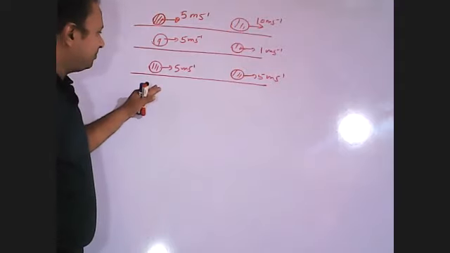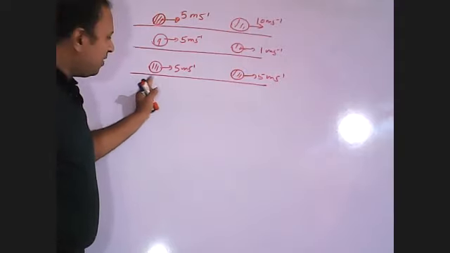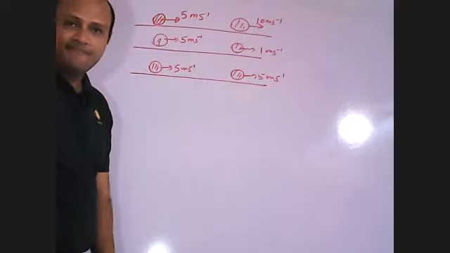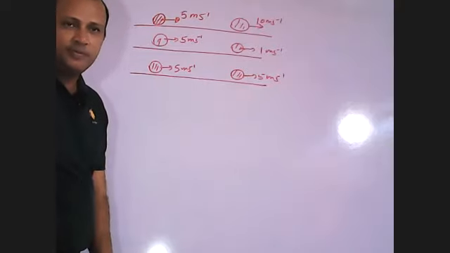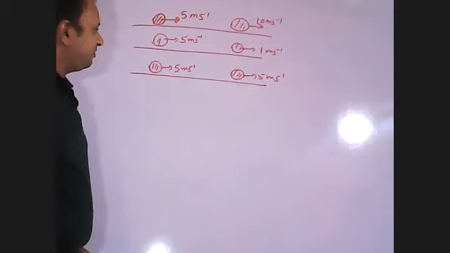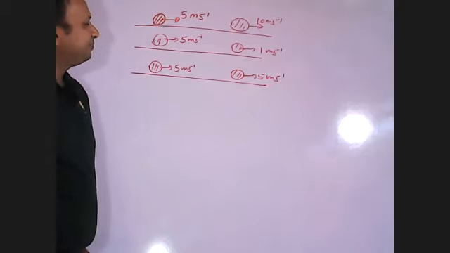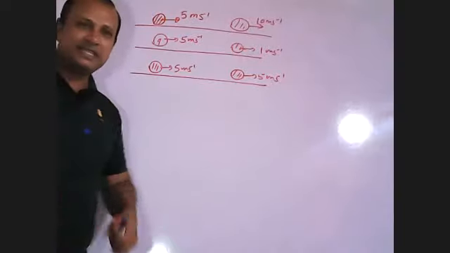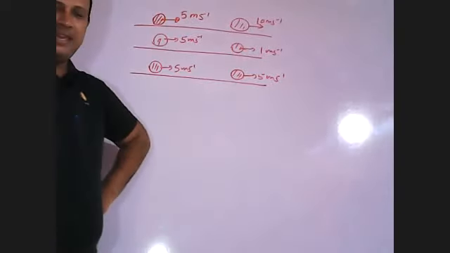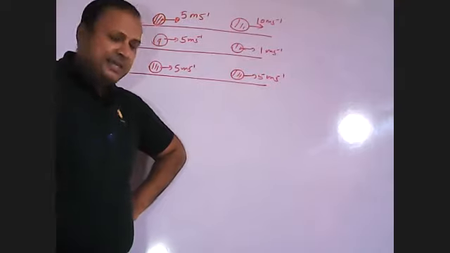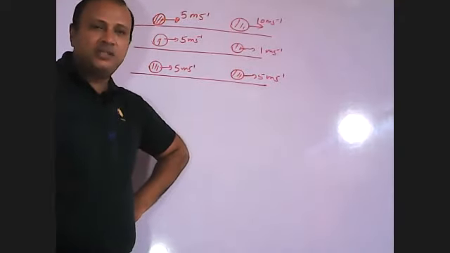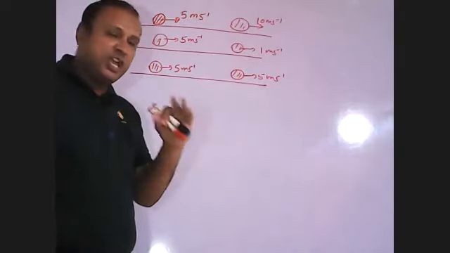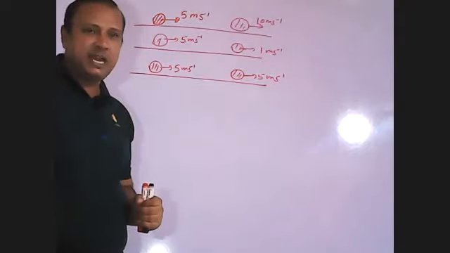In the third example, the velocity of that particular object has not changed. So those are the three ways of moving. Ways of moving means the change of velocity with time.